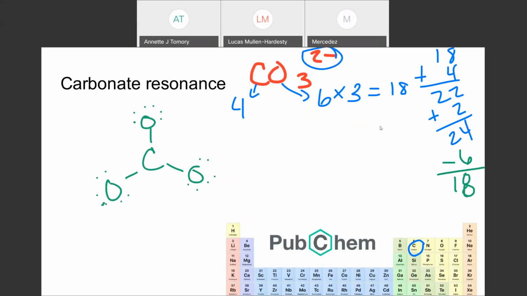Now that we got to this point, let's look at our octet rule. Do you see an issue? Where does the octet issue lie?